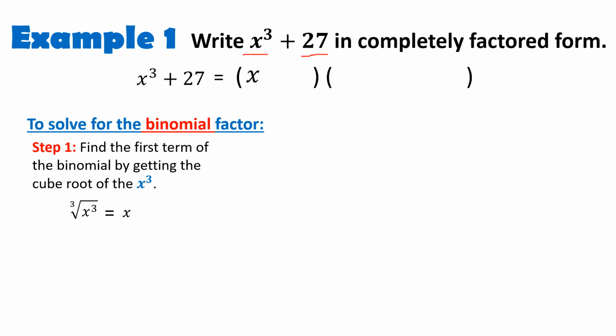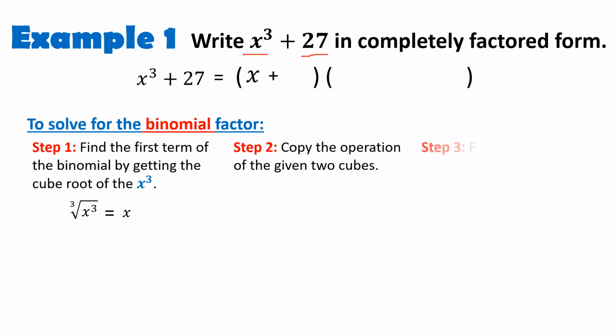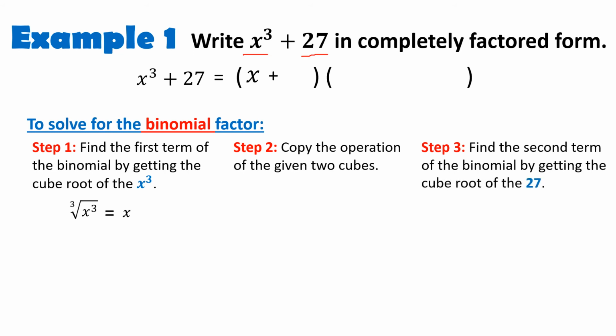So you write down x. Step 2, copy the operation of the given two cubes, which is plus. Step 3, find the second term of the binomial by getting the cube root of 27, which is equal to 3. So you write down 3.